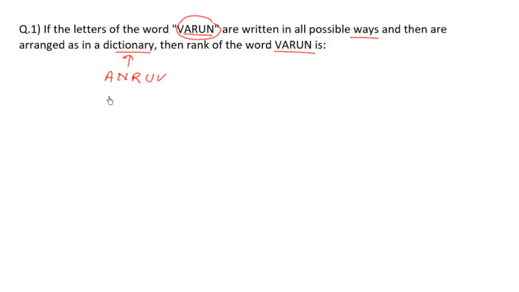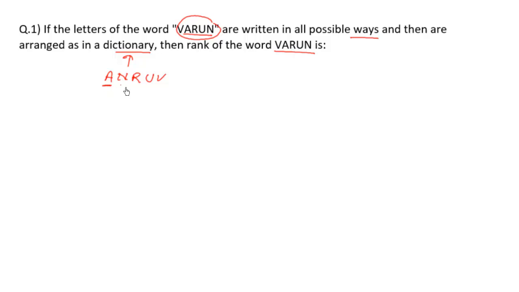So all the words which start with A will have the possible arrangements wherein we arrange the remaining 4 letters. In that dictionary, all possible words starting from A will be written first. So how many words will it have?